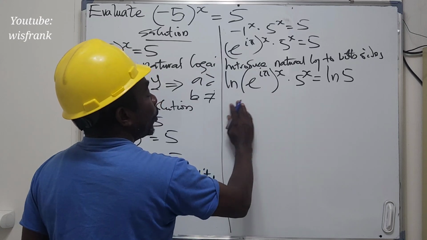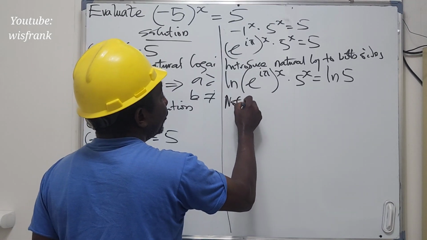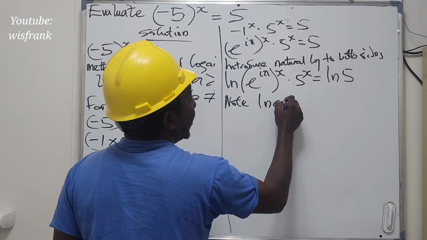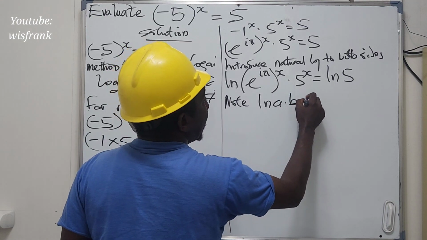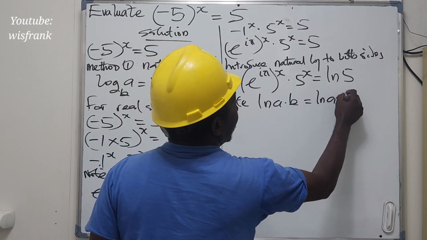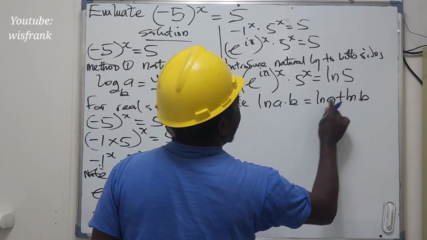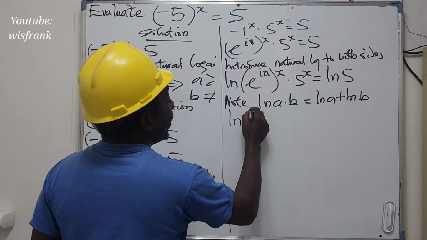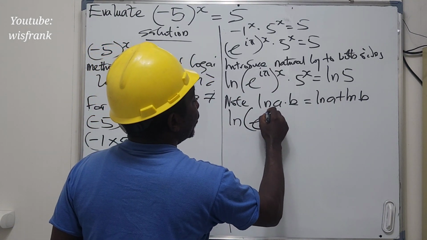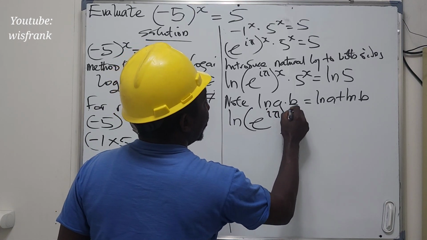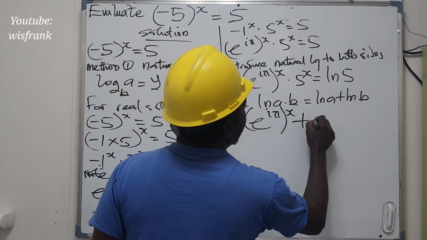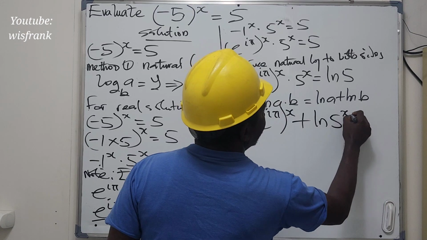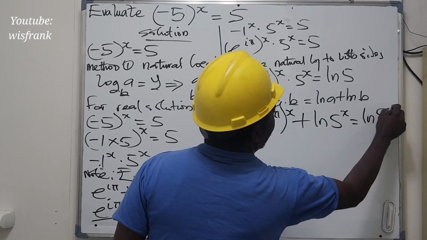We recall that ln of a times b is the same thing as ln of a plus ln of b. Expressing this in this format, this gives us ln of (e^(i pi))^x plus ln of 5^x equals ln of 5.